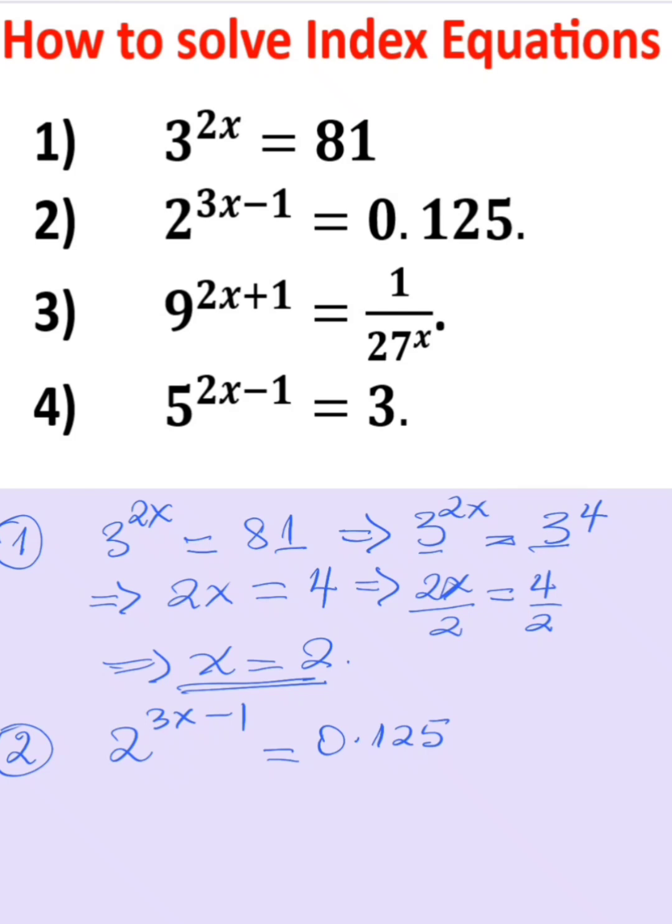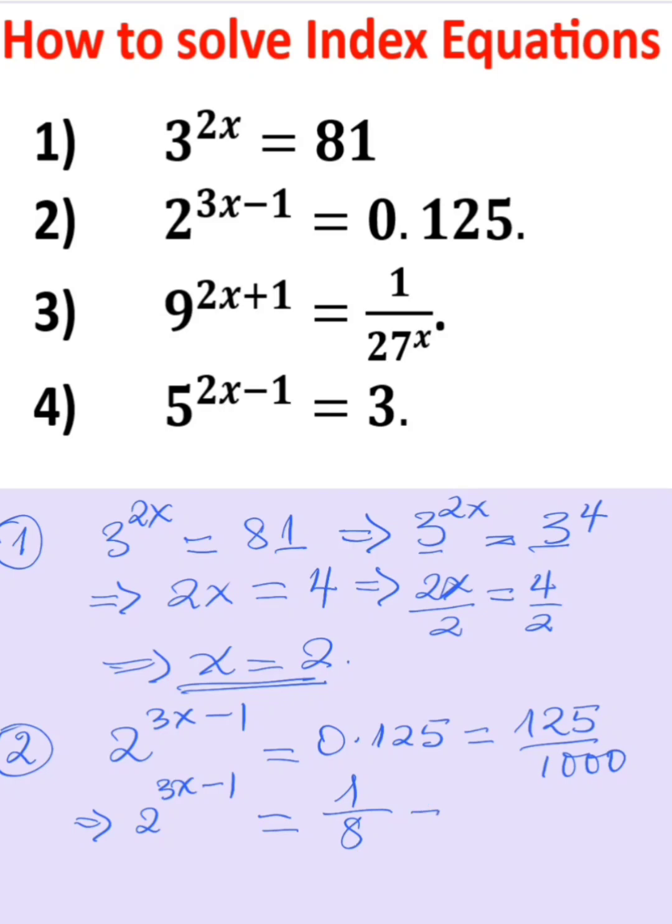So 0.125 is the same as 125 divided by 1000, and we have that 2 to the 3x minus 1 would be equal to 1 all over 8, because 125 can go into 1000 8 times.